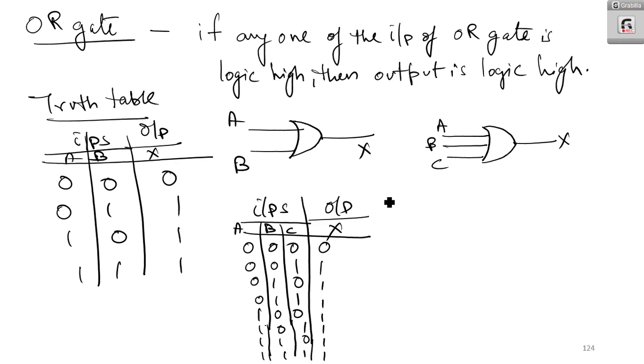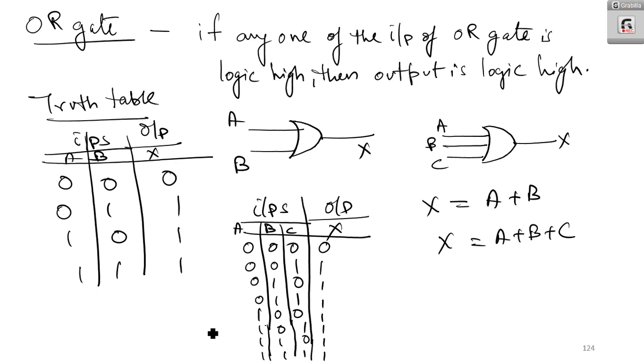So if you are having a two input OR gate, then it is represented by X is equal to A or B. So addition symbol or plus symbol is used here as OR. If it is three input, we can write it as X is equal to A or B or C.